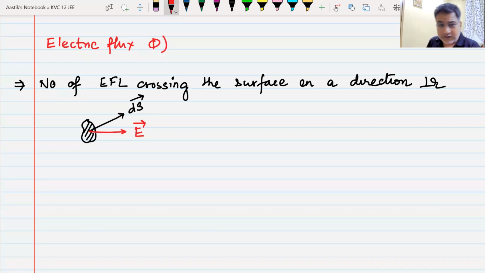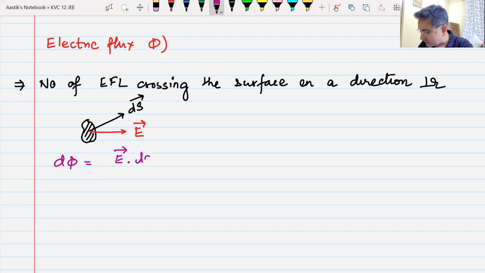Now, how do I find out the small flux, or the number of electric field lines which are passing through this surface? I find it like this: dφ, the small electric flux, will be E dot dS. It is the dot product of E with dS. The total flux passing through this area will be the integral of E dot dS.